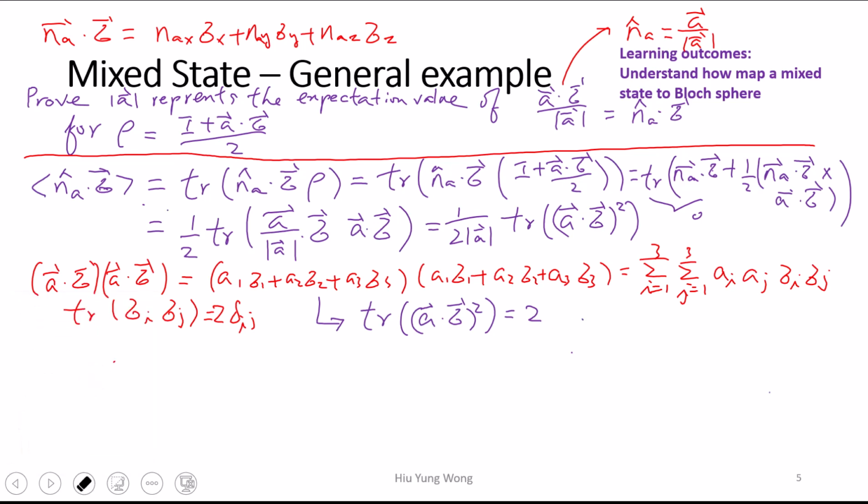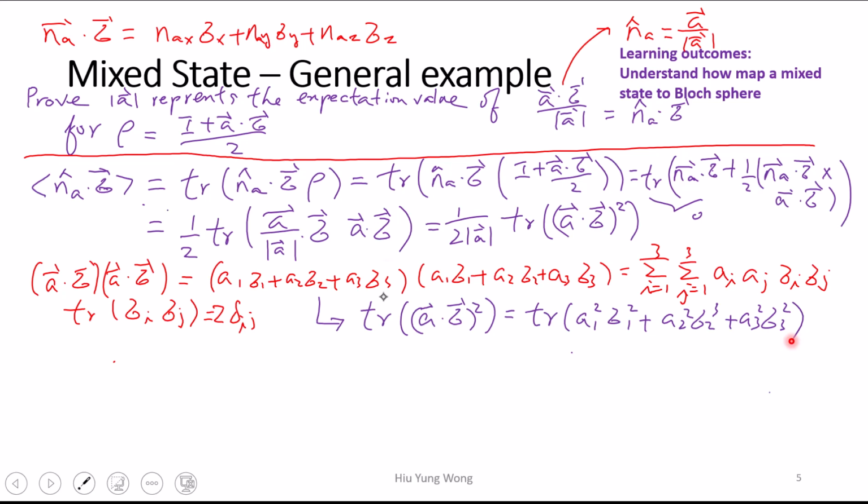Let me just go through the step carefully. This is equal to, let me not apply it yet, okay? So this is equal to the trace. Because others are gone, I have A1 square sigma 1 square, plus A2 square sigma 2 square, plus A3 square sigma 3 square, right?